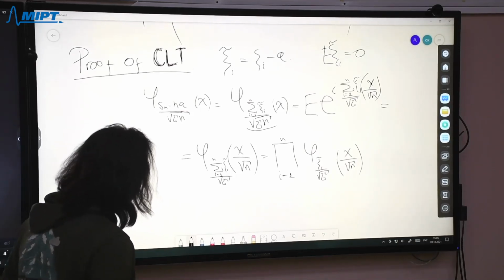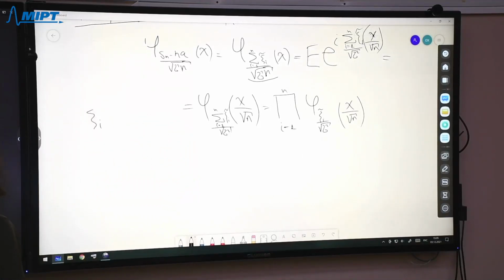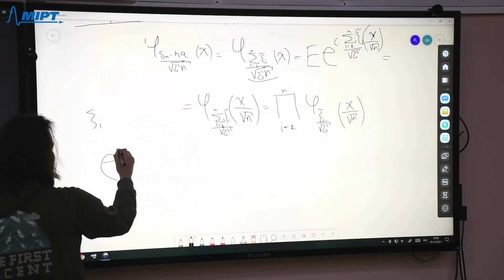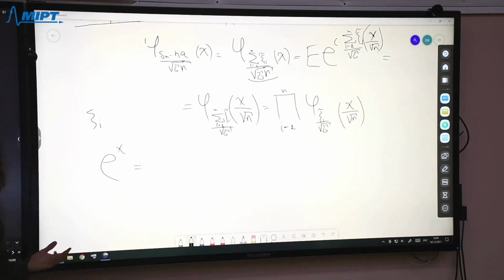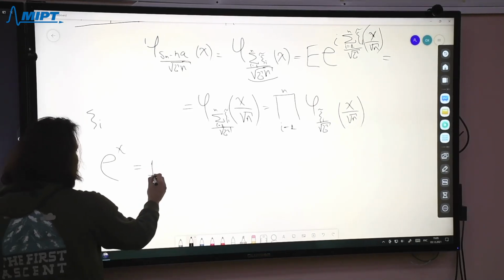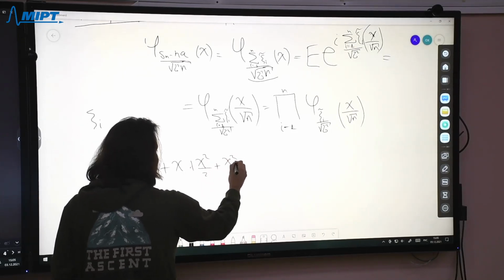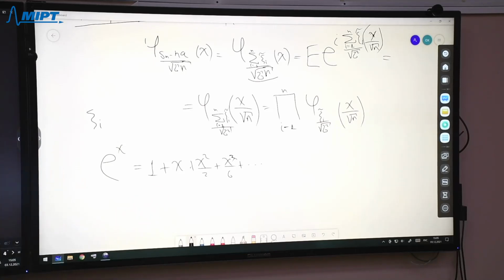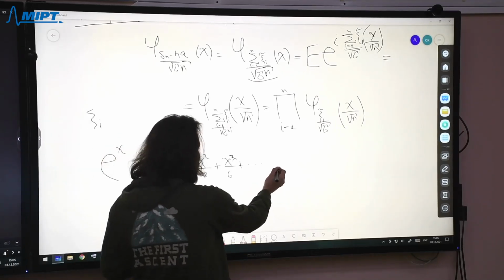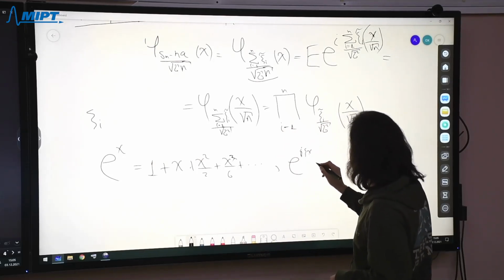Okay, what can I do with this? So next, I have to remember what is e to the x, right? The Taylor's expansion of this is 1 plus x, plus x squared over 2 plus x cubed over 6 and so on, right? We know this. Now, what if we have e to the i psi x?